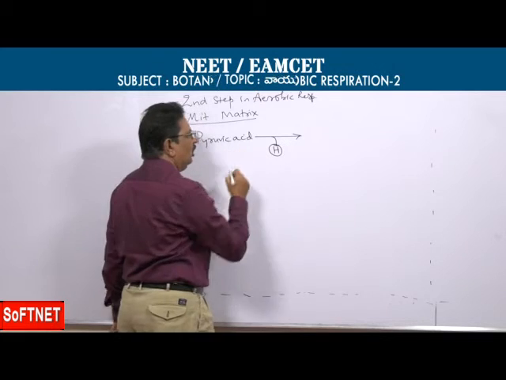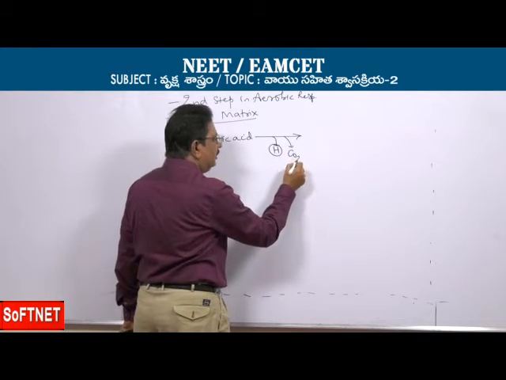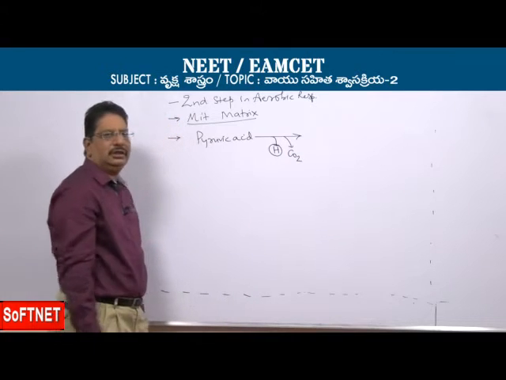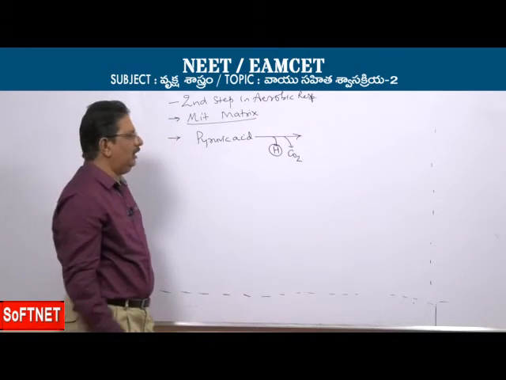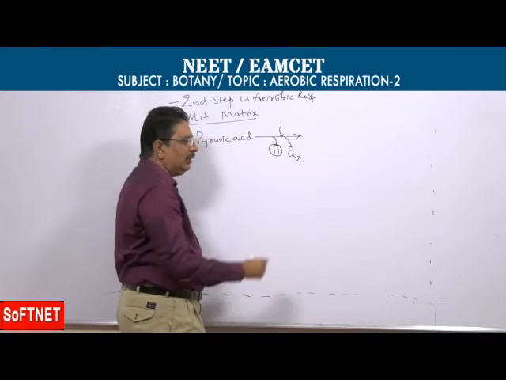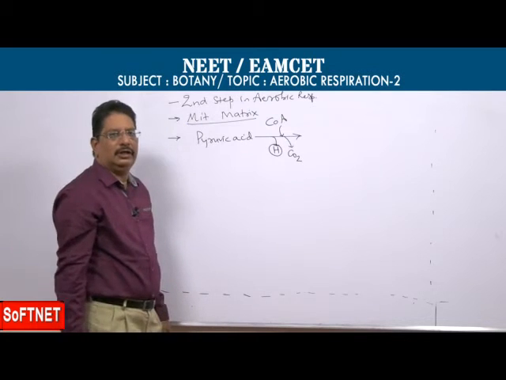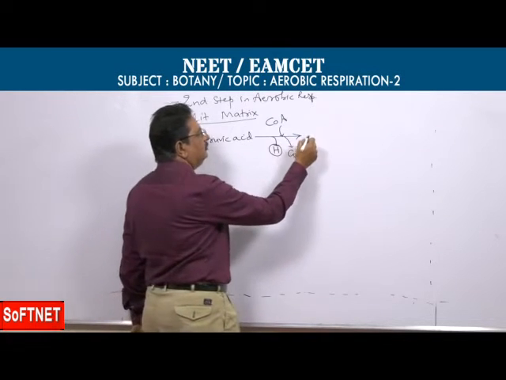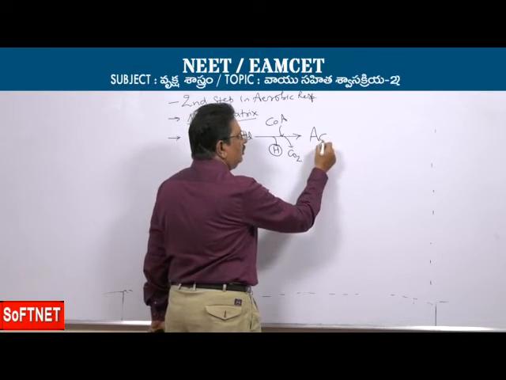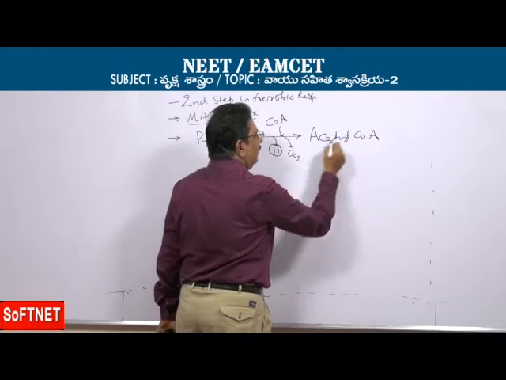There is a removal of hydrogens, and it is decarboxylated, that is, there is removal of carbon dioxide, and it also undergoes condensation with coenzyme A to form a molecule called acetyl coenzyme A.